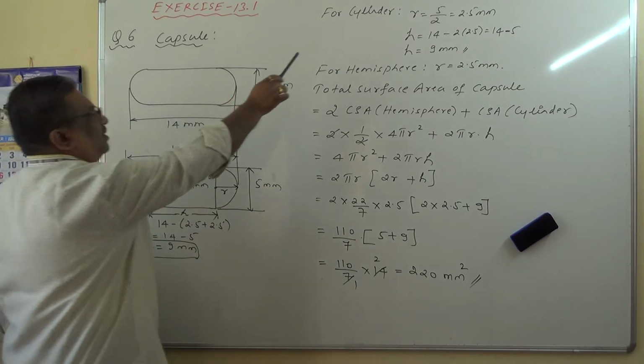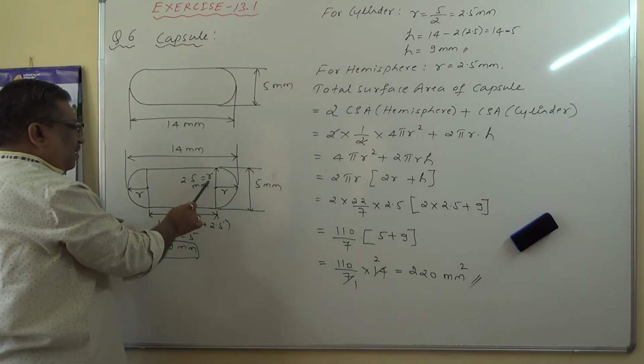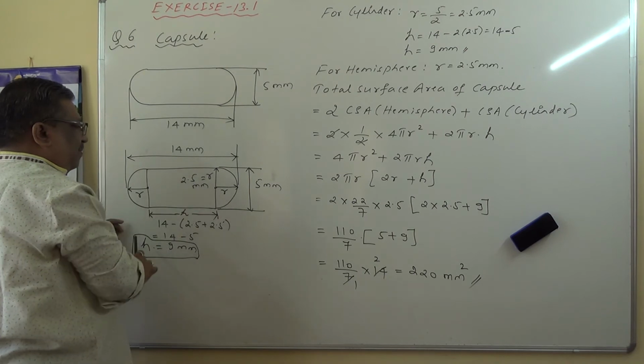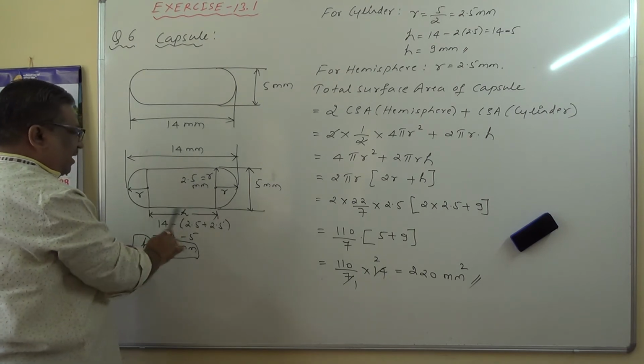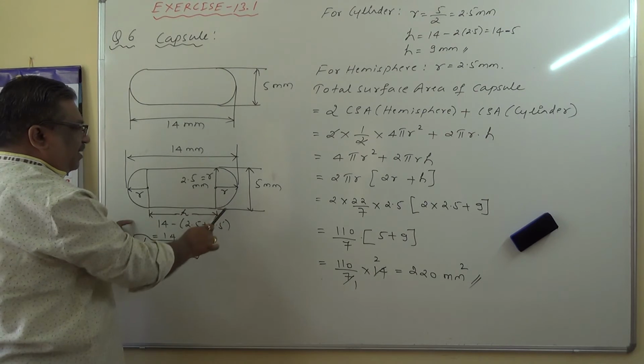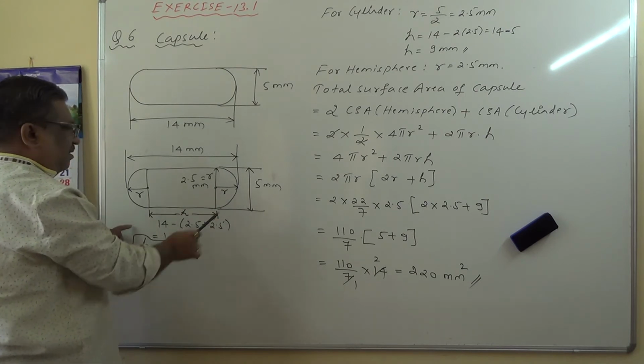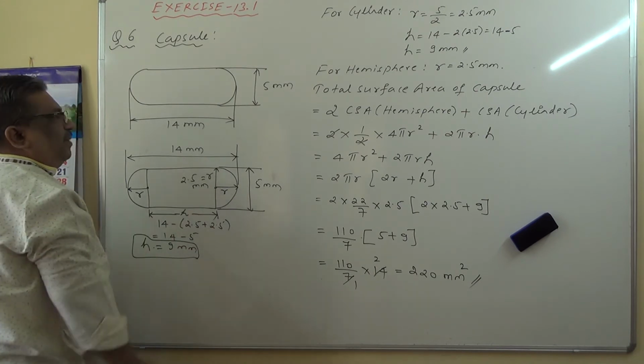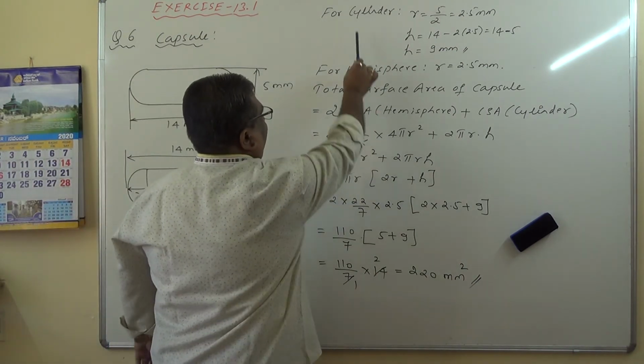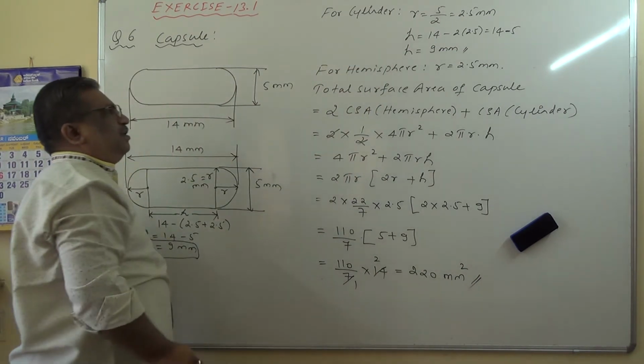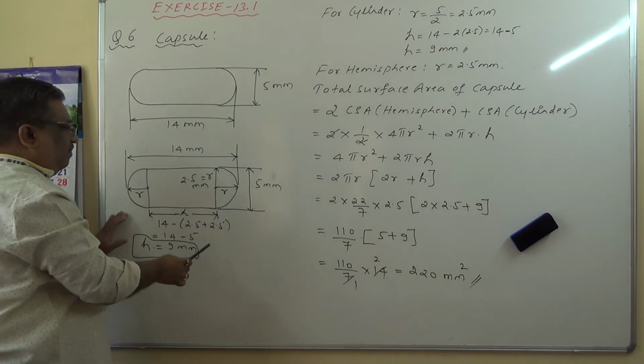With respect to cylinder, radius of the cylinder is 2.5 millimeter and height is 9 millimeter. With respect to hemisphere, radius is 5 divided by 2, 2.5 millimeter. That is what the information is written for cylinder and hemisphere. What is the total surface area of this capsule?